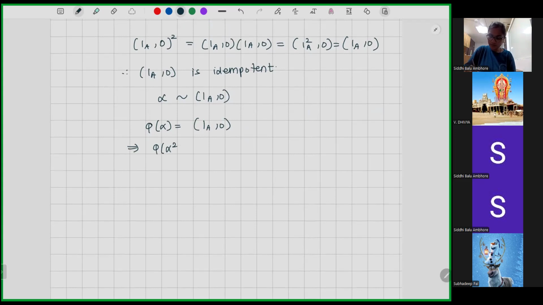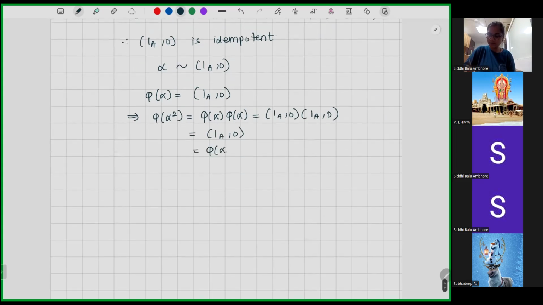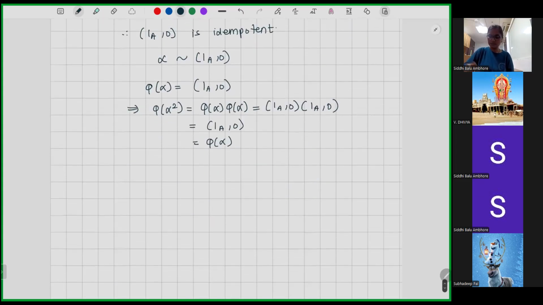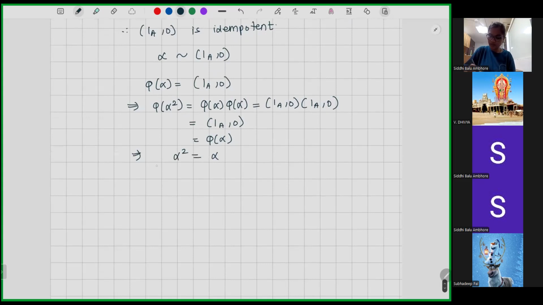That phi of alpha squared is phi of alpha times phi of alpha, which is (1_A, 0)(1_A, 0), which is (1_A, 0). But this is what? Phi of alpha. But this is an isomorphism. So these imply alpha squared is equal to alpha. So alpha is idempotent. And in fact, under isomorphism and under homomorphism of rings, idempotents actually go to idempotents, because this will always hold in that case.